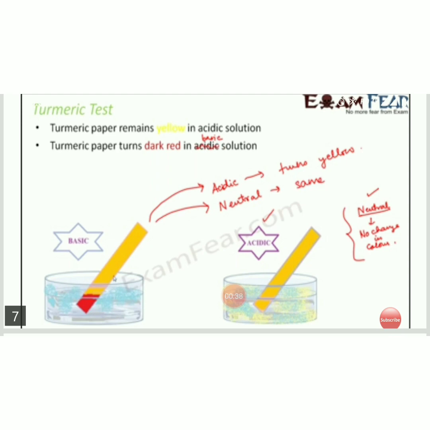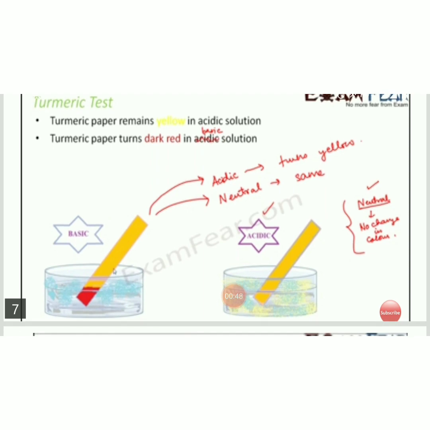But what about the neutral solution? In neutral solution, the turmeric paper remains yellow. So how can we distinguish between acidic and neutral solution, because the turmeric paper remains yellow in both cases? In that case, we take the turmeric strip which was dipped in the basic solution, take it out, and put this strip in the acidic solution.